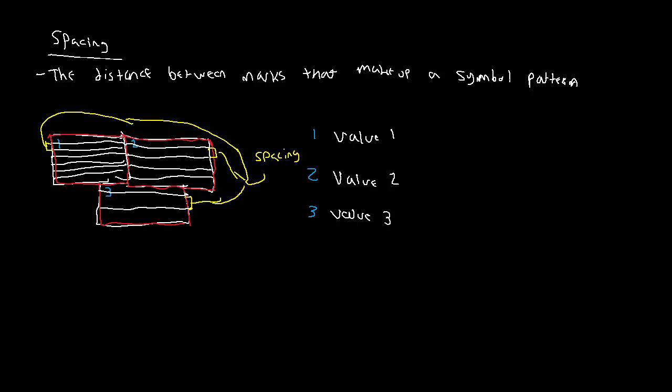And if we do the same thing with lines, we could do dashed lines. So we could do something like 1, 2, 3, for example, versus something like this.